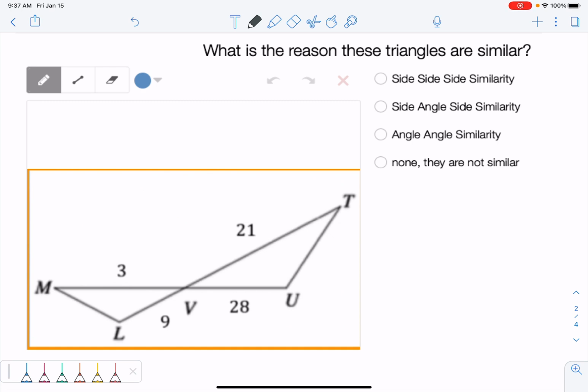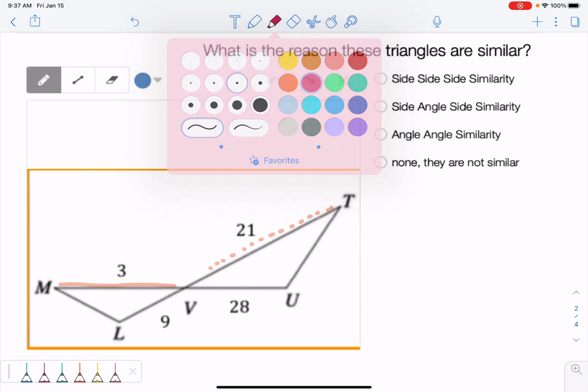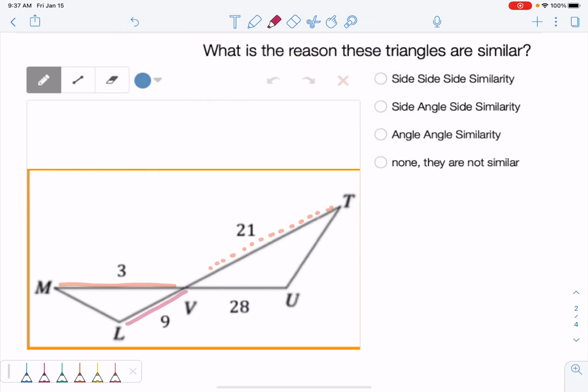Let's look at this example here. 3 is the smaller side, so it would match the smaller side, 21. 9 is the bigger side, so it would match 28. Let's say this is new and this is old.